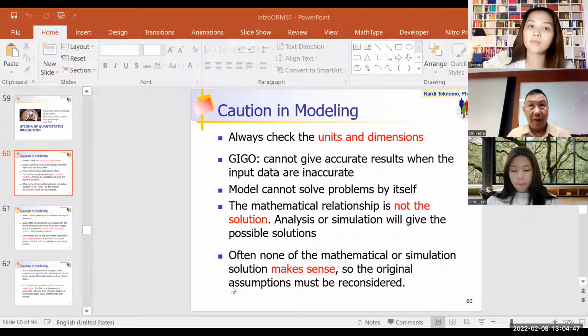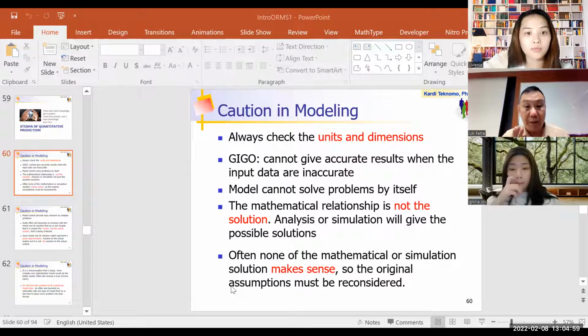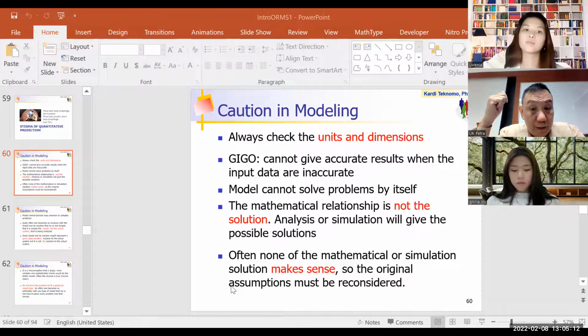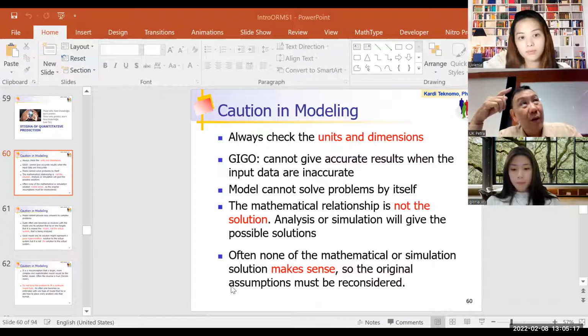Of course, they are very nice suggestions, but it is you who still should decide as a human being. Don't expect the machine to make decisions for you. Now, it often happens that none of this mathematical or simulation solution makes sense. In that case, you start to consider, maybe some of my assumptions are not correct.